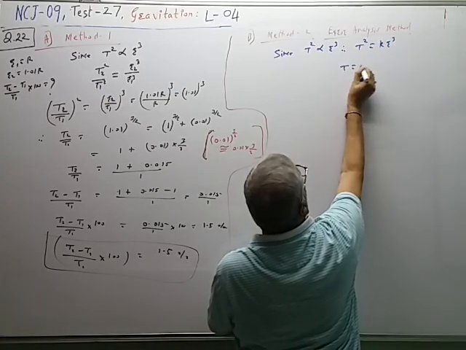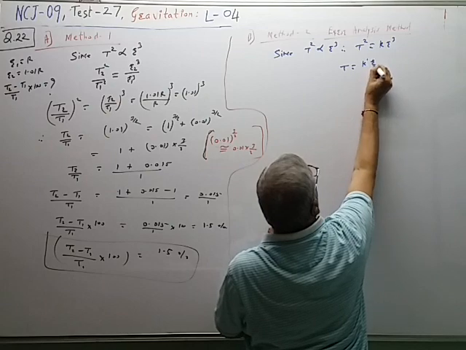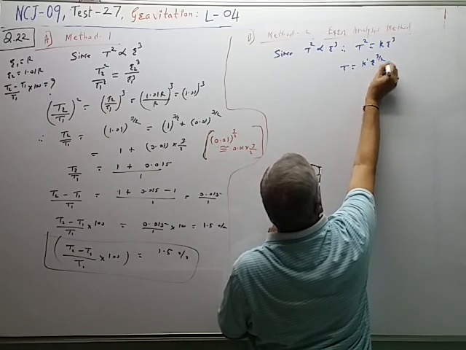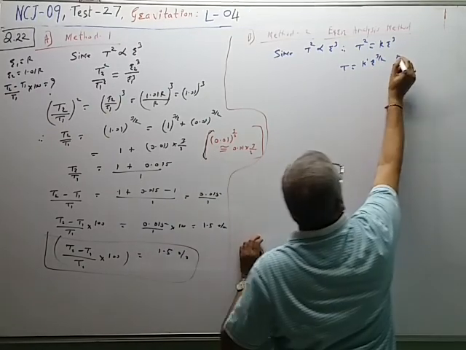Therefore T is equal to K dash R raised to 3 by 2. This is equation 1.